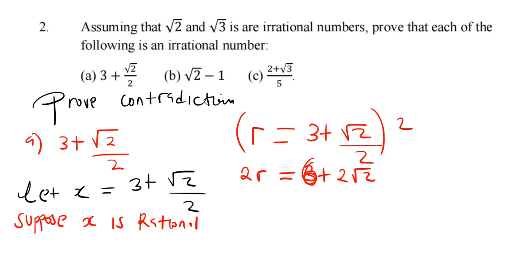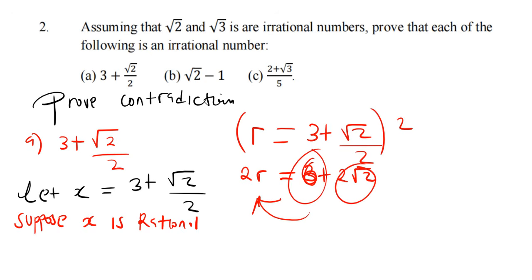But now, which one can I make the subject of the formula? I wanted to make 2 root 2 the subject of the formula. In this case, we're able to see that since root 2 itself is an irrational number, and 6 is a rational number, this is going to give us an answer which is a rational number, which is a contradiction.